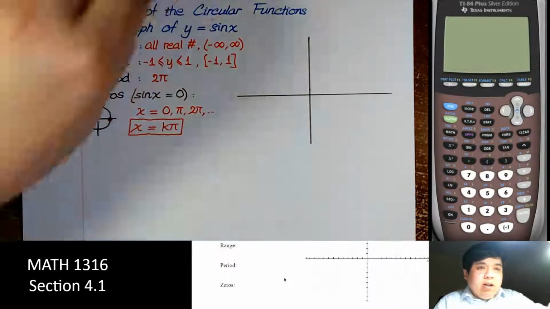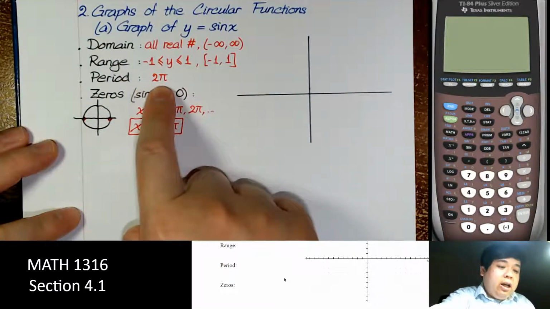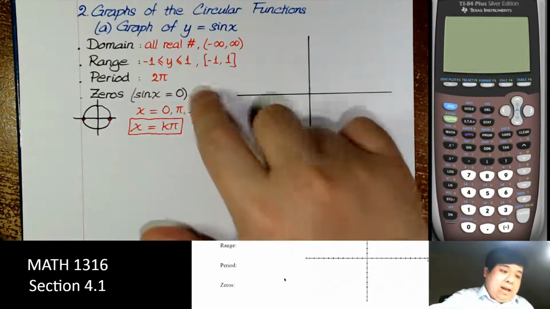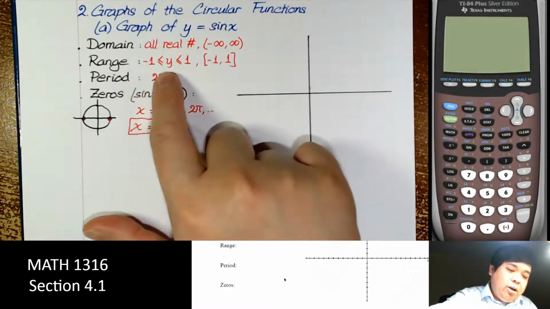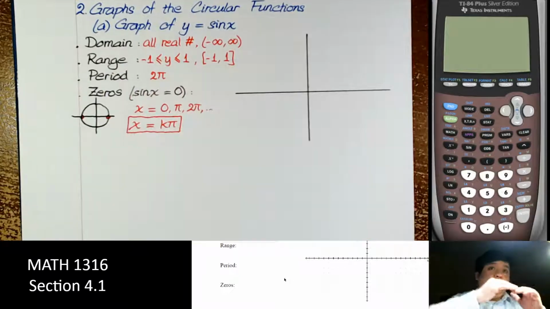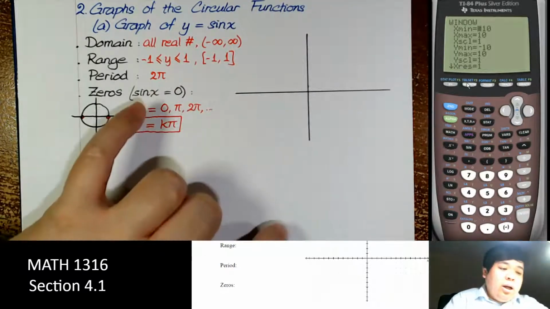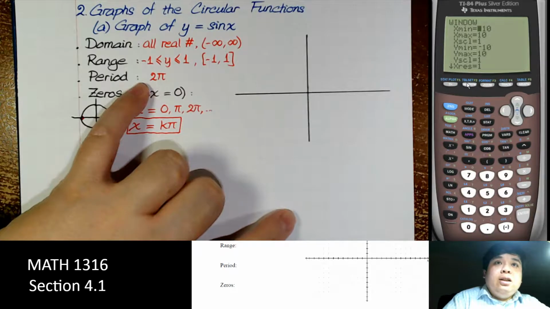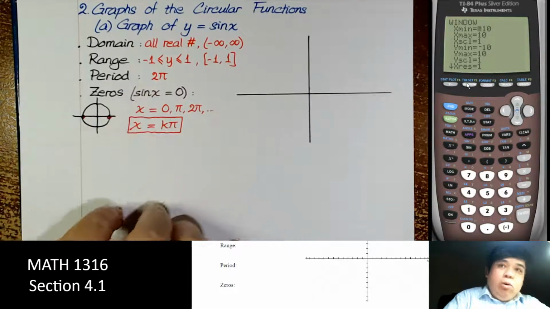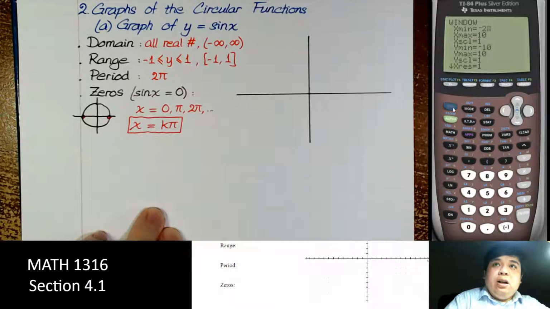Now, in terms of the graph, notice that we go from 2 pi, the period, and then the range from -1 to 1. So if we want to graph, go back and change the window. The period is 2 pi, right? So we'll go from, let's say, -2 pi to 2 pi. Once again, hit window.